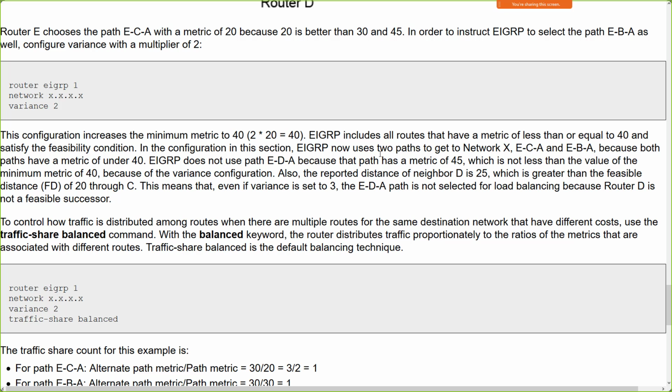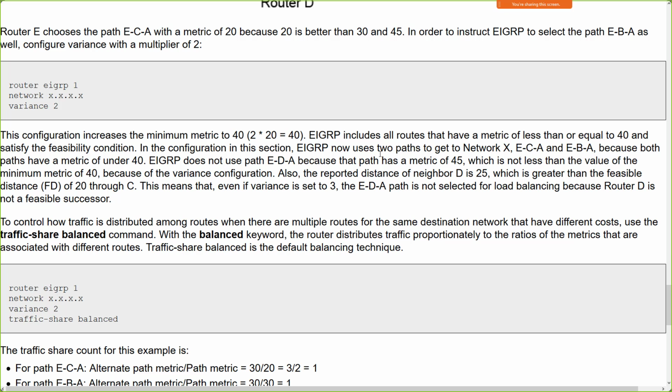So 20 is better than 30, it's better than 45, right? Makes sense. In order for us to also use the path through router B, we have to have a variance of 2 because the path through router B has an overall feasible distance of 30. 2 times 20 is 40. And we can't do fractions, by the way. We can't say multiply it by 1.5 or multiply it by 0.8 or whatever. It has to be whole numbers. So I can either do 1 or I can do 2, which means 20 through 40.